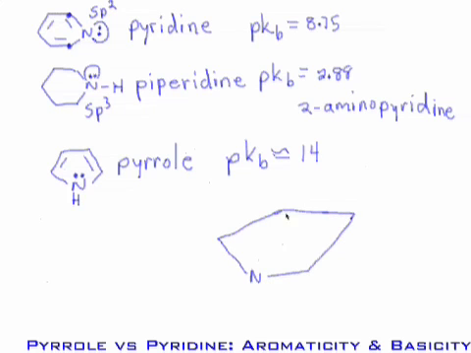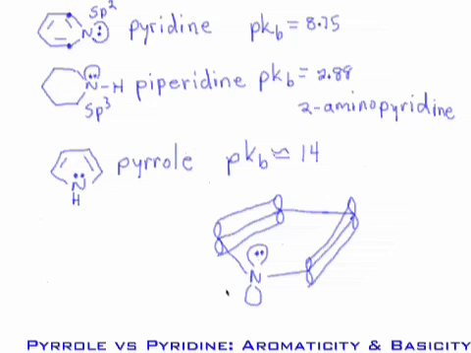So sort of edge on. I'll draw small 2p orbitals for the pi bonds. So here's a 2p pi bond orbital. Here's a 2p pi bond orbital. And now I'm going to draw a larger 2p to show where the lone pair is.